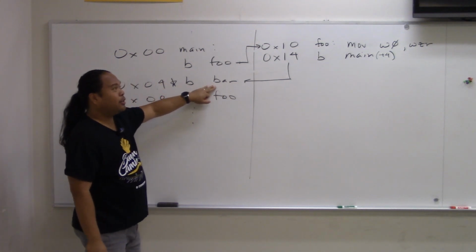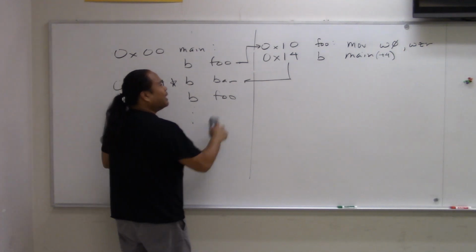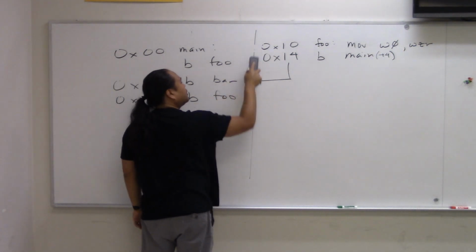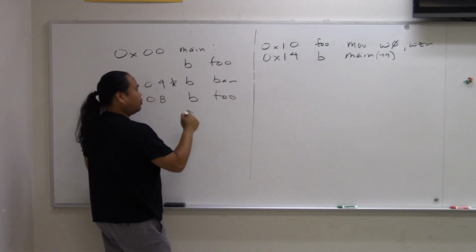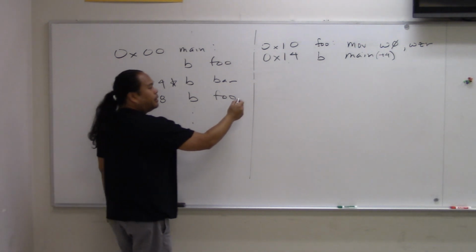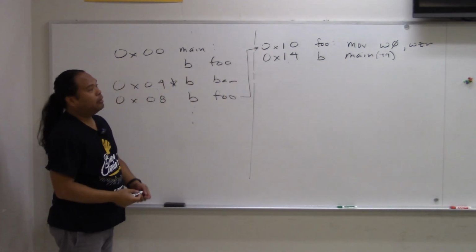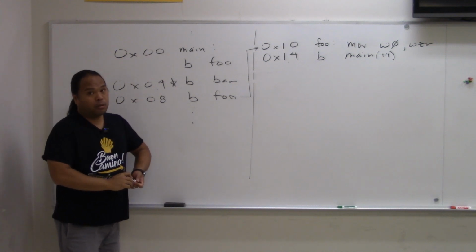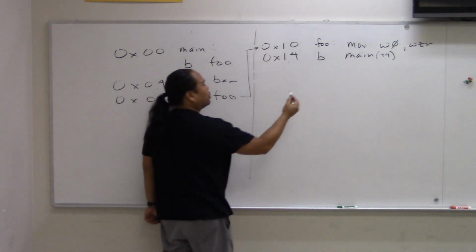But I want to draw your attention to this next call to foo. All right. Why is that an issue? Well, let's see what happens. So basically, on instruction address 8, it will jump to that point. Okay. It'll still perform the same amount of work as our previous call to foo, but where does this return?